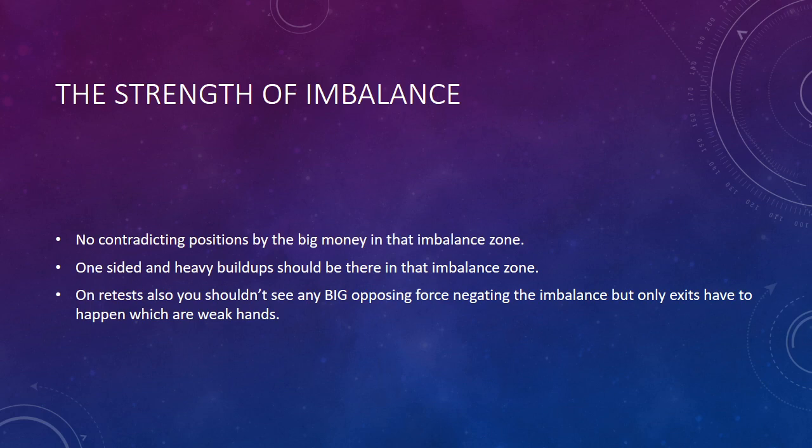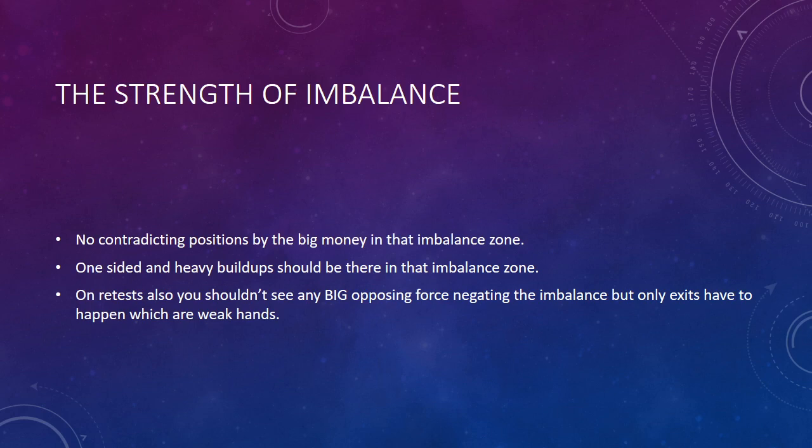In that case, we should take it in similar terms that the imbalance is of strength, because what happens in those cases is that the imbalance formed by the market is a buying imbalance, but it is formed by trapping a lot of quantity on the opposite side.